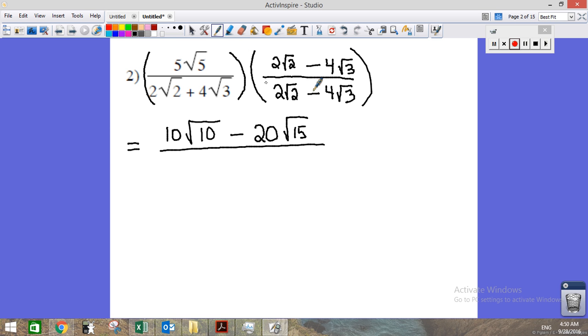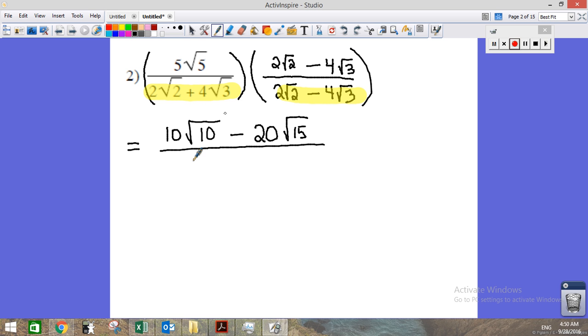Now, to figure out this denominator, I need to multiply this and this together. They're conjugates. I'm going to do it in the form of a table, and what I'm going to notice in this table, because these are conjugates, is that one of the diagonals, the numbers are going to cancel each other out. That's always going to happen when you multiply conjugates together.